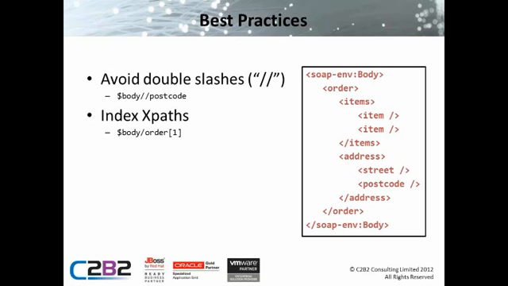Now it is important to note at this point that indexing should not be used when the expected return value is an array of nodes. So for example here, if I'd got $body / order bracket 1 / items / item bracket 1, that would only give me the first item.